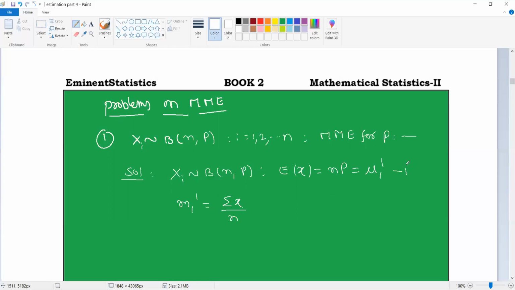So this is equation 1, this is equation 2. Equating 1 and 2, we get m1 dash equal to mu1 dash, which implies summation xi by n is equal to np.